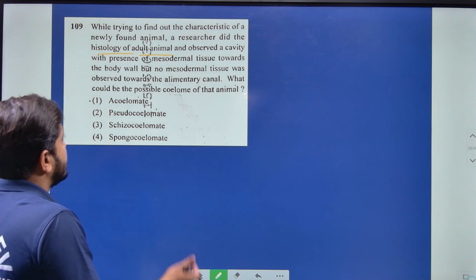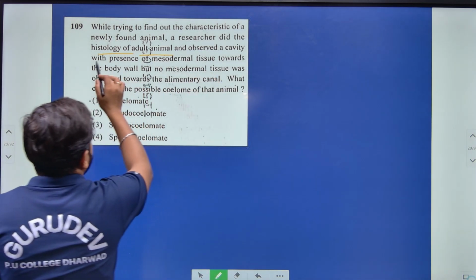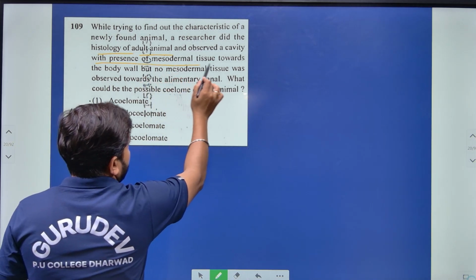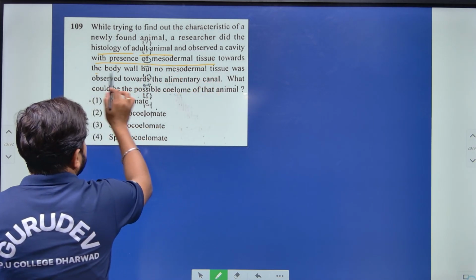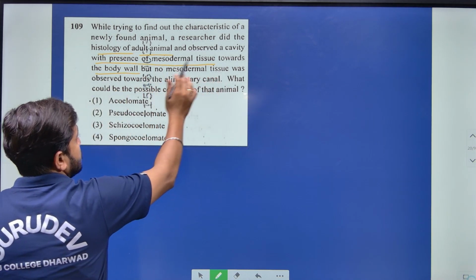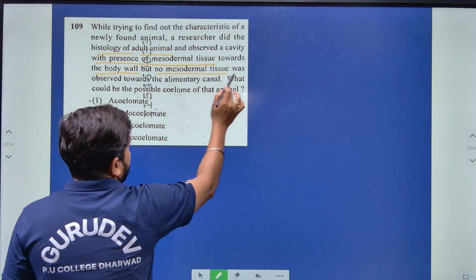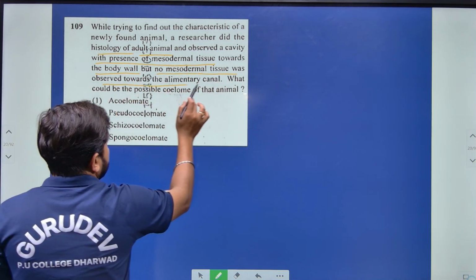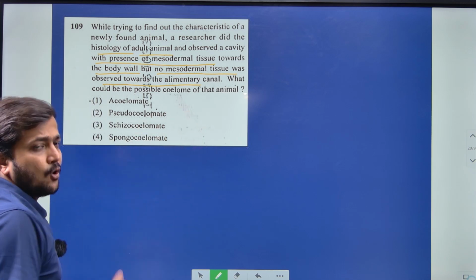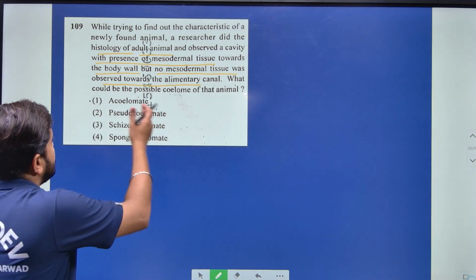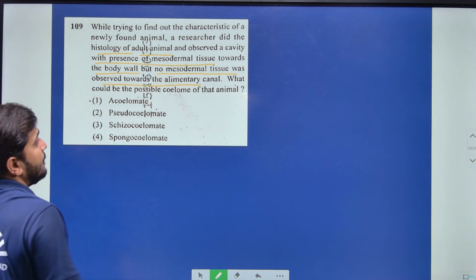He observed a cavity with the presence of mesodermal tissue towards the body wall, but no mesodermal tissue towards the alimentary canal.